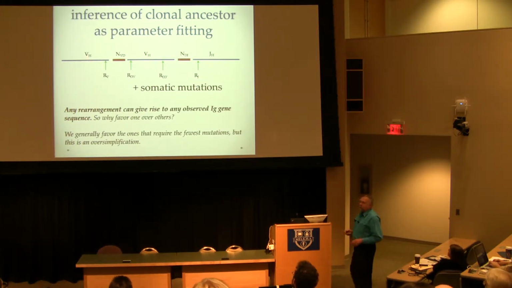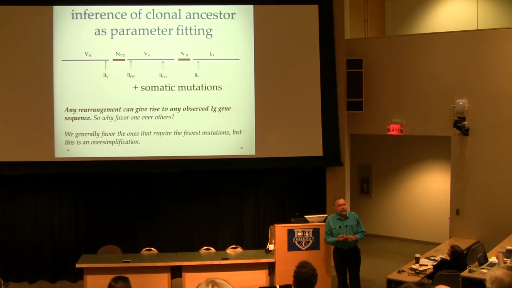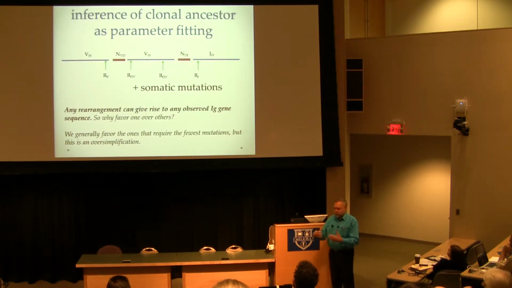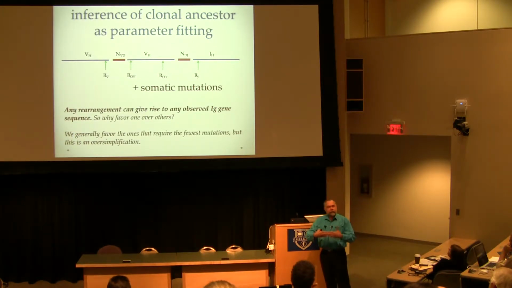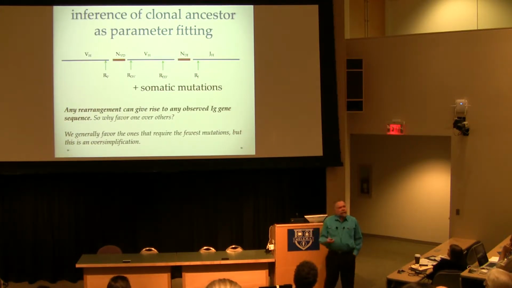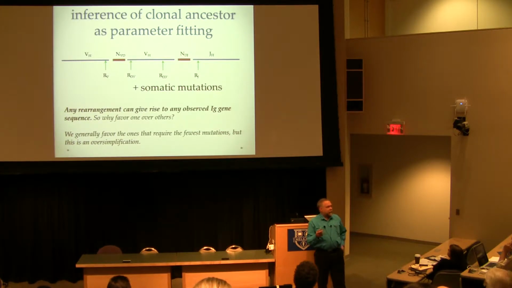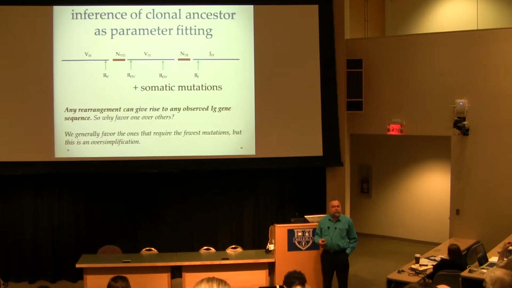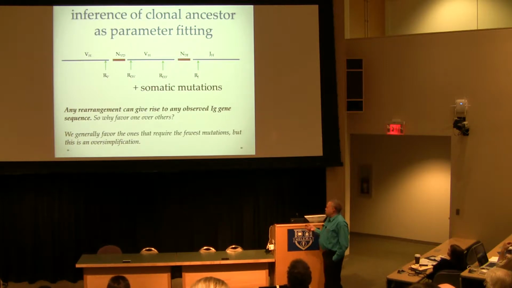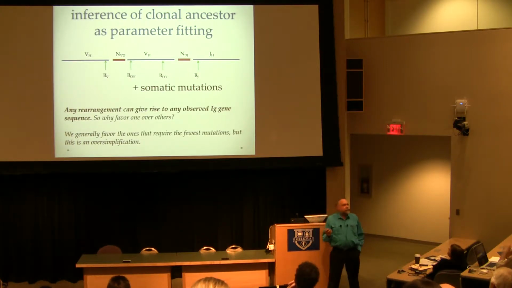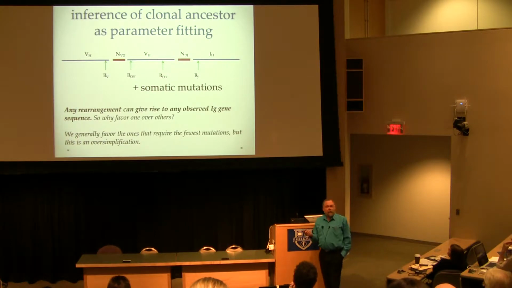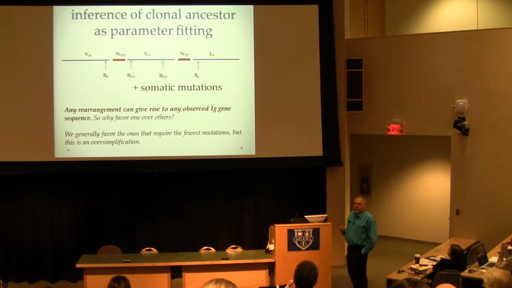Straightforward. Now, the thing that makes it interesting, though, is that because we are allowing somatic mutation to intervene between the original rearranged ancestor and the observed antibody, any antibody gene can give rise to any other through the introduction of point mutations, insertions, and deletions. Well, of course, which ones do we choose? We choose the ones that typically involve the smaller numbers of mutations.